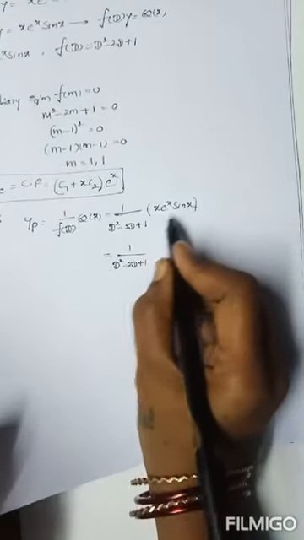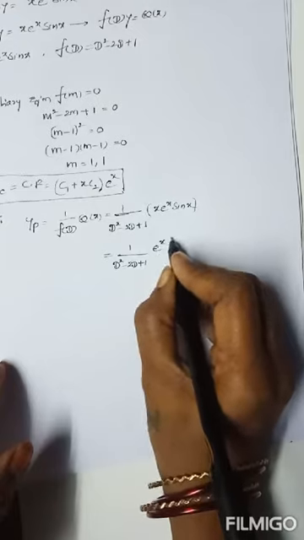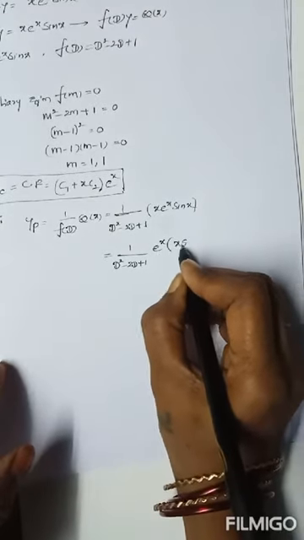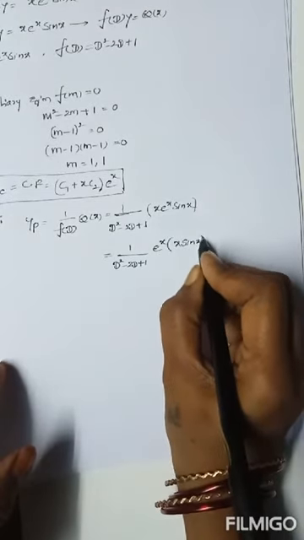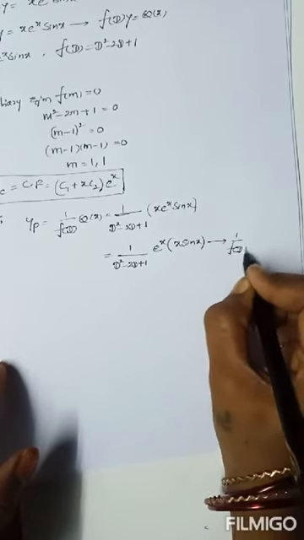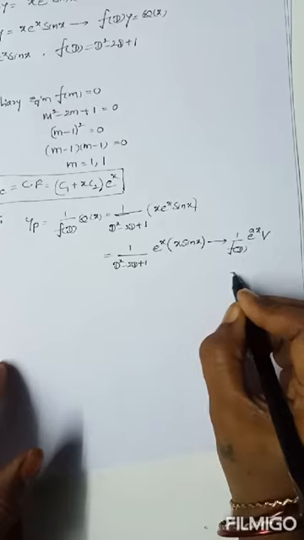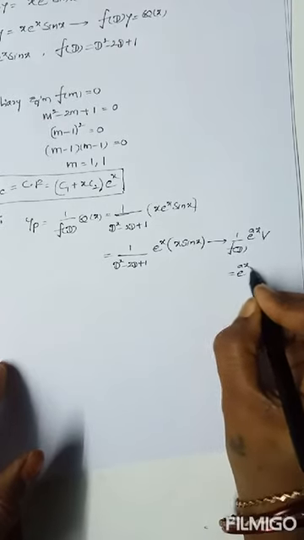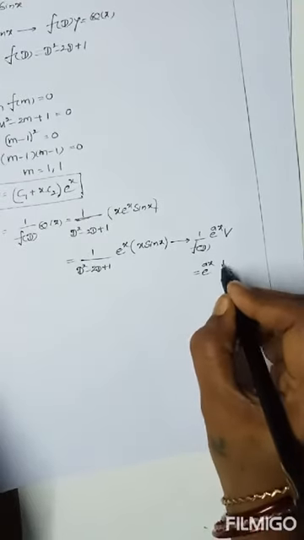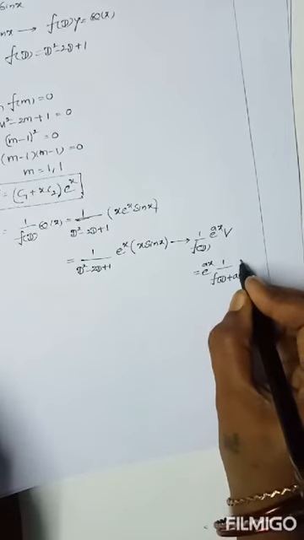Now the product of three functions can be written as e power x into x sin x. Now this is similar to 1 by f of D into e power ax into v type. For this, e power ax comes to the left side, and at the same time 1 by f of D plus a into v.